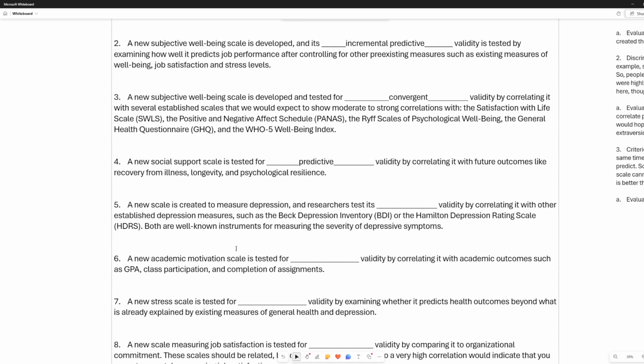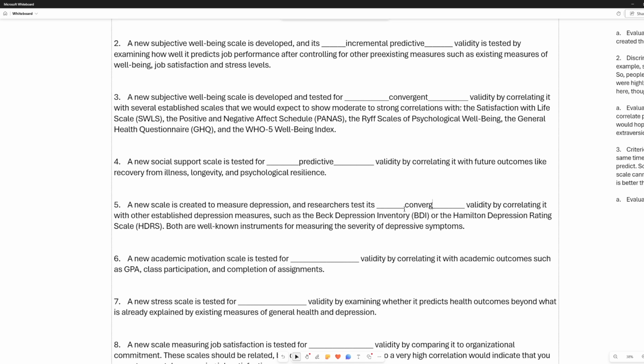A new scale is created to measure depression, and researchers test its blank validity by correlating it with other established depression measures, such as the Beck Depression Inventory or the Hamilton Depression Rating Scale. Both are well-known instruments for measuring the severity of depressive symptoms. We're examining, does my new scale correlate with existing measures?